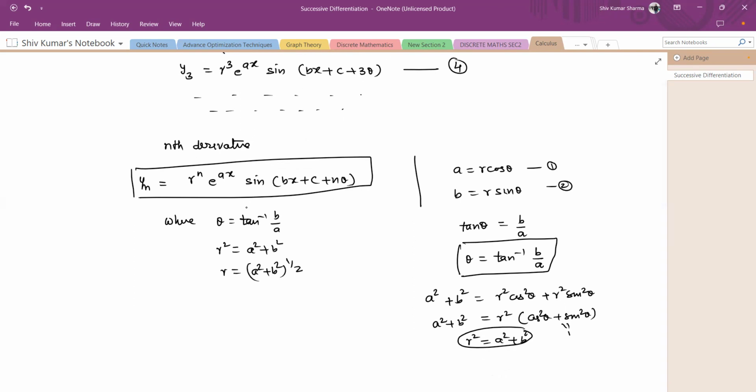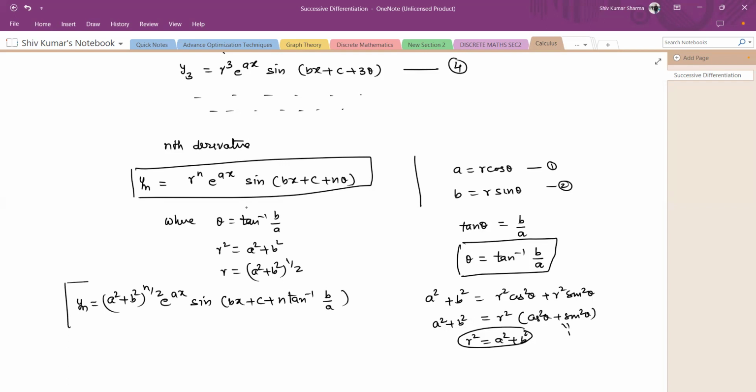So here in terms of a and b, we write down yn is equal to a square plus b square raised to the power n by 2, e raised to the power ax sine bx plus c plus n theta, where theta is tan inverse b upon a.